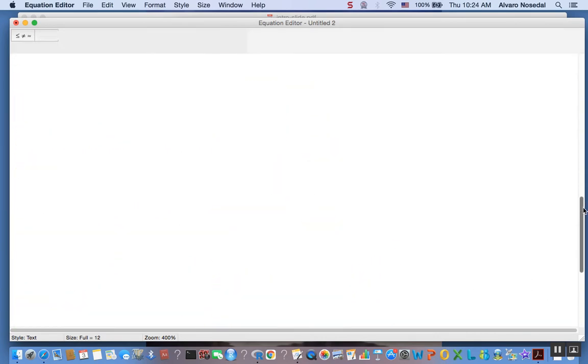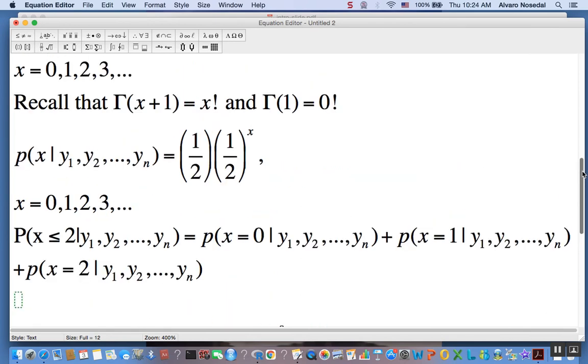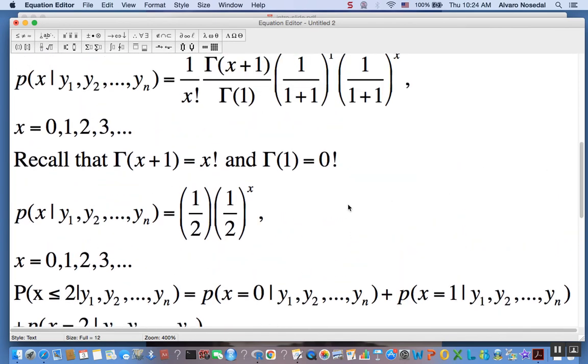Let me point something out. Maybe some of you have already seen it. When you see that expression, you go, I think I've seen this before, right?